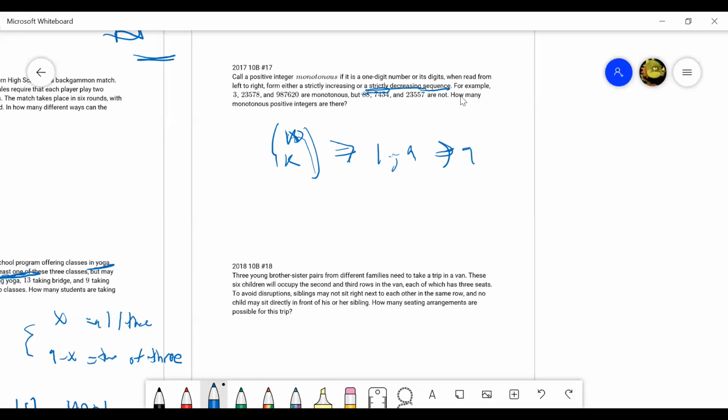So for a strictly decreasing sequence, we can simply take 10 choose 1 plus 10 choose 2 plus all the way to 10 choose 10. But we have to subtract 1 because this 10 choose 1 here can include 0. And so this would be 2 to the 10 minus 2.